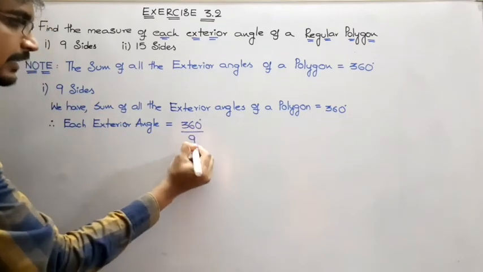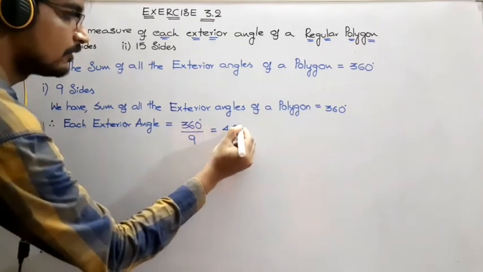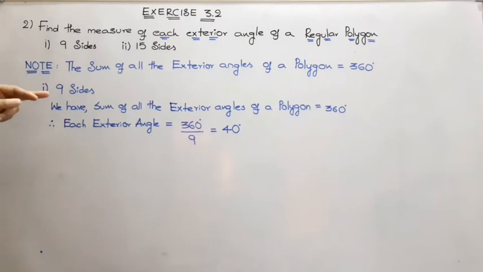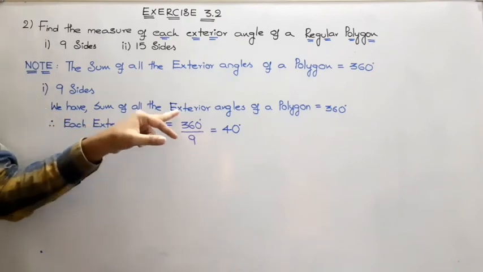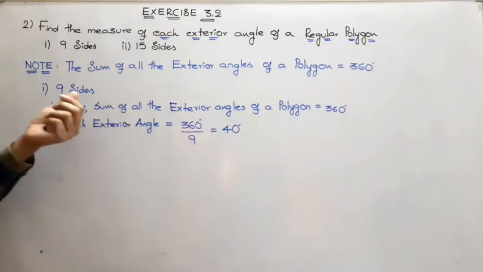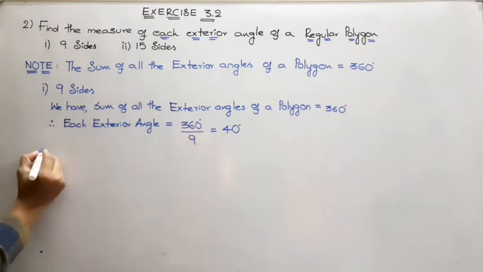Number of sides is 9. So we will get 40 degrees. Hope you are clear, children. The numerator 360 is always fixed when we see an exterior angle property. And the number of sides is 9. Hence 360 by 9 is equal to 40 degrees is the first answer.